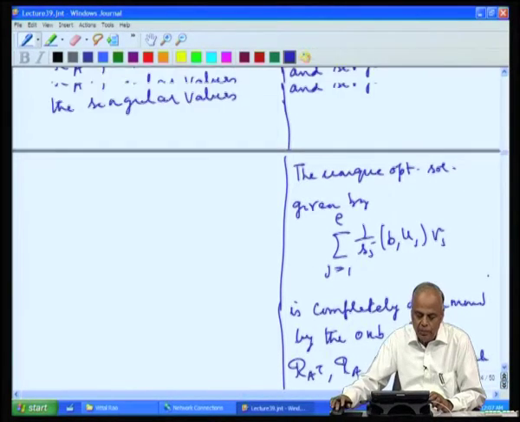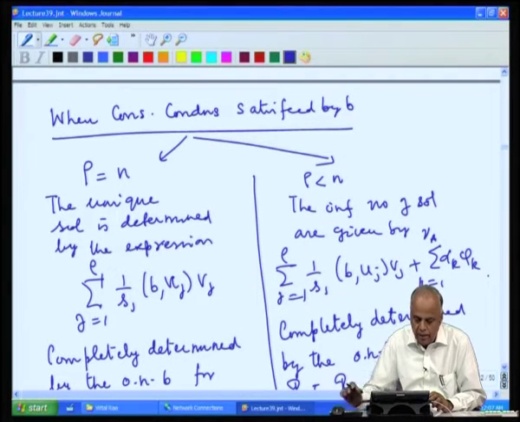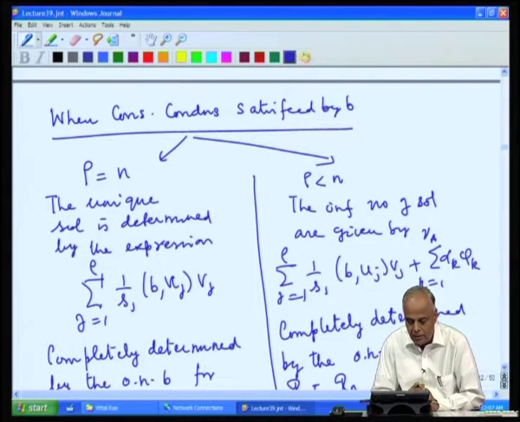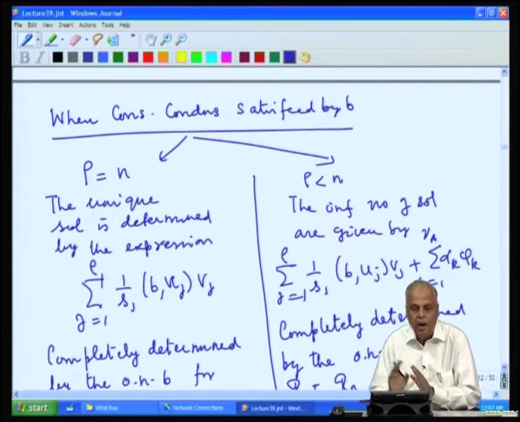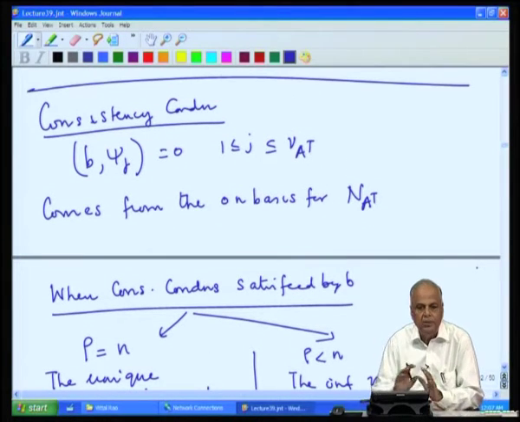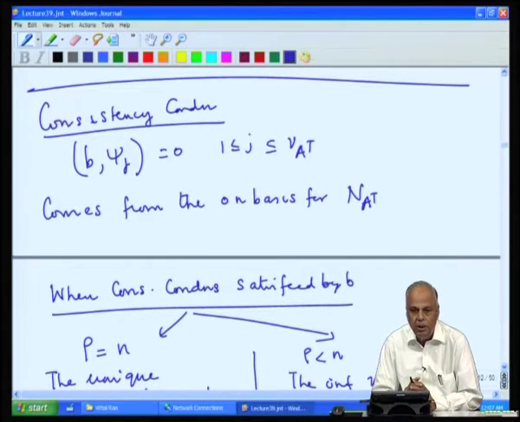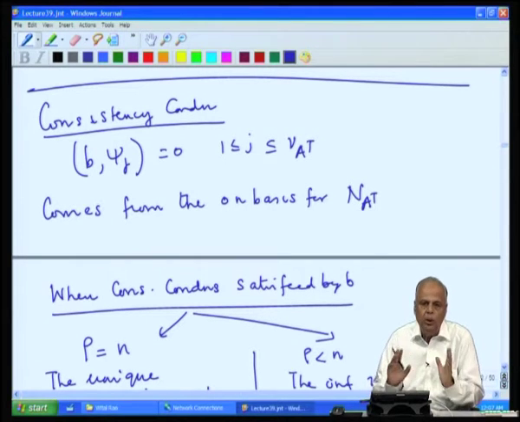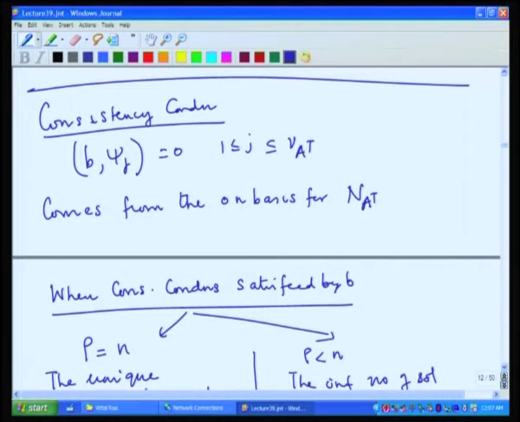So, at least now we see that in the case when consistency conditions are satisfied, all our answers involve the basis of range of A, the basis of range of A transpose and, if necessary, the basis for the null space of A. The consistency conditions come from the basis for the null space of A transpose. So, all these 4 bases that we have chosen play a very crucial role in determining a complete analysis of the system of equations.